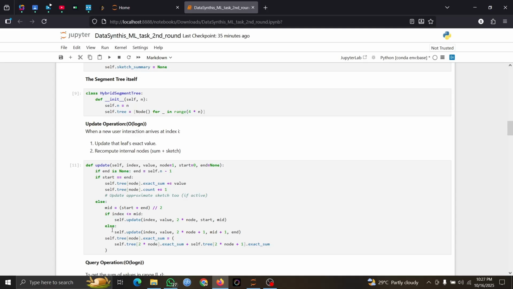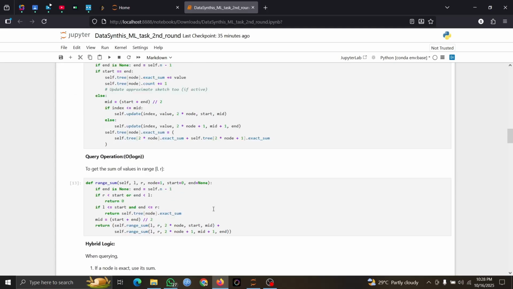Here exact sum and counts are used to track the total values and the number of updates, which supports both exact and approximate aggregation.